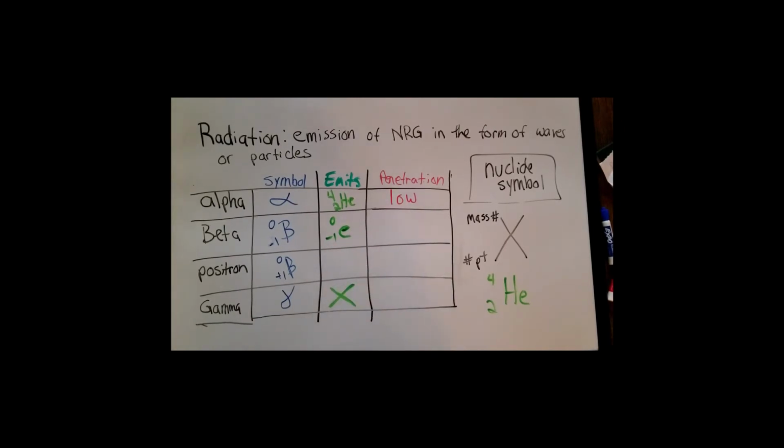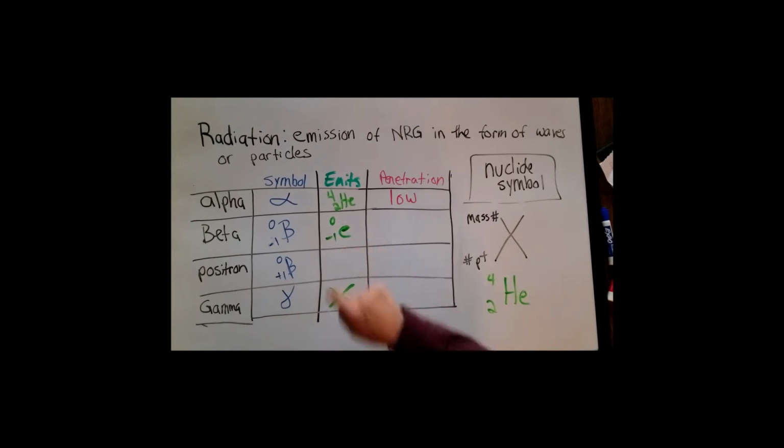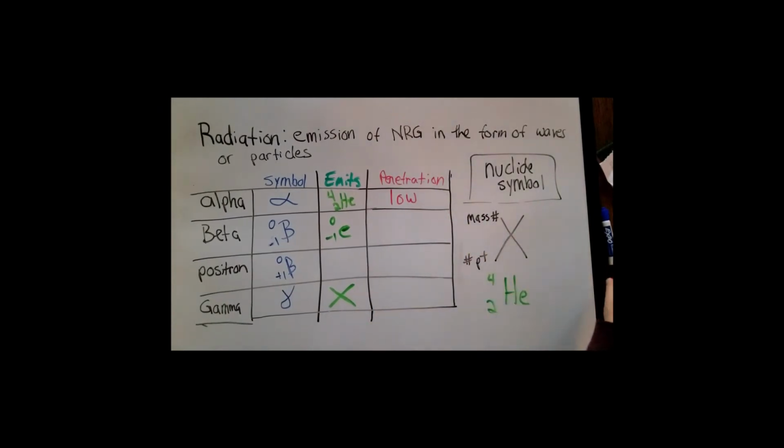That's what that -1 sign stands for. So this is what we're emitting. And remember, electrons essentially don't have a mass at all. Since their mass is smaller, their size is smaller, they're going to move faster, and so their penetration power is going to be medium.